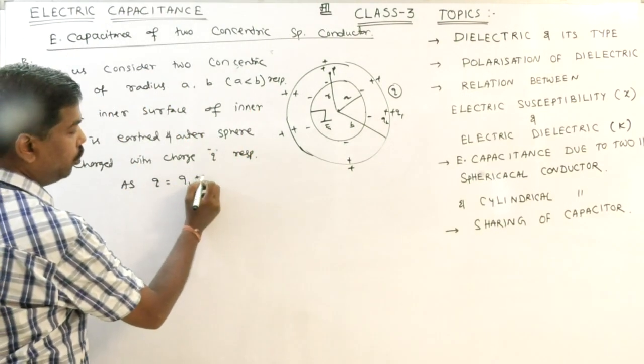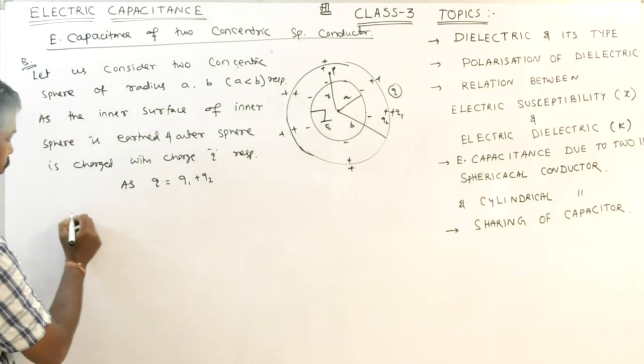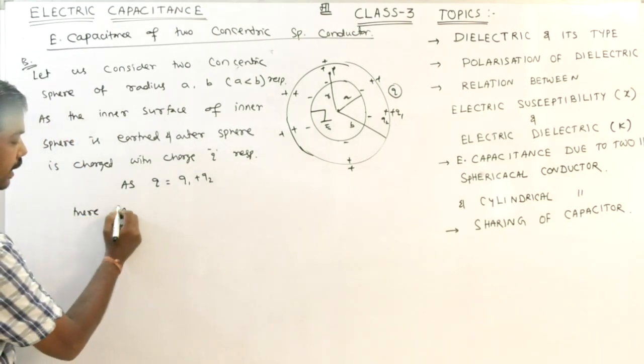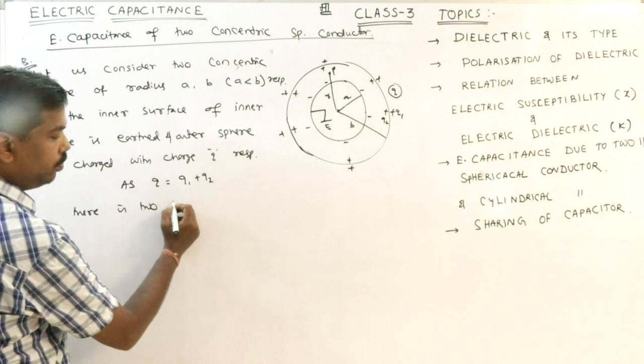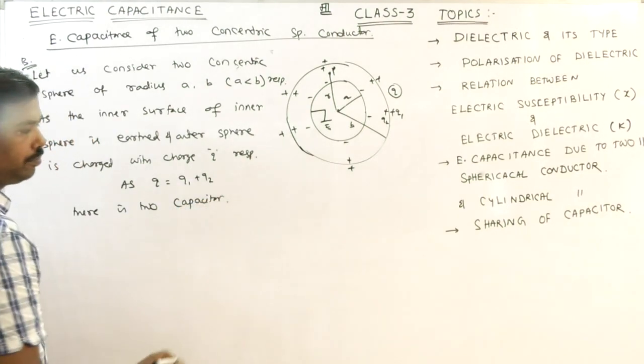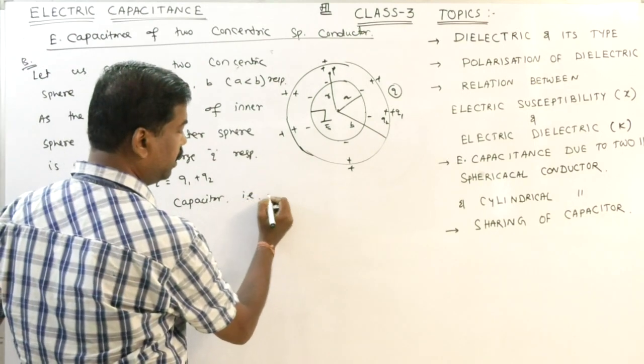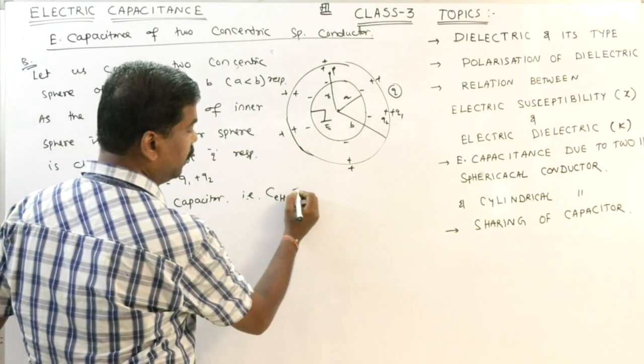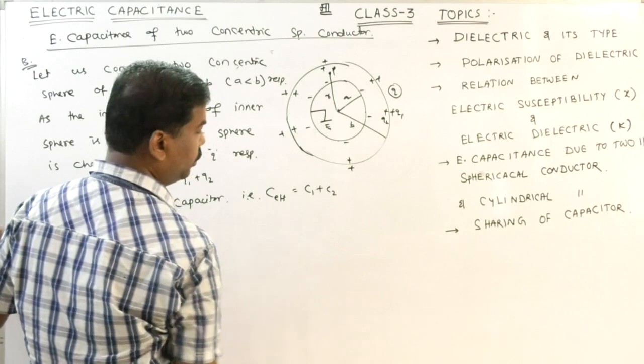As Q is equal to Q1 plus Q2, there are two capacitors, that is C effective is equal to C1 plus C2.